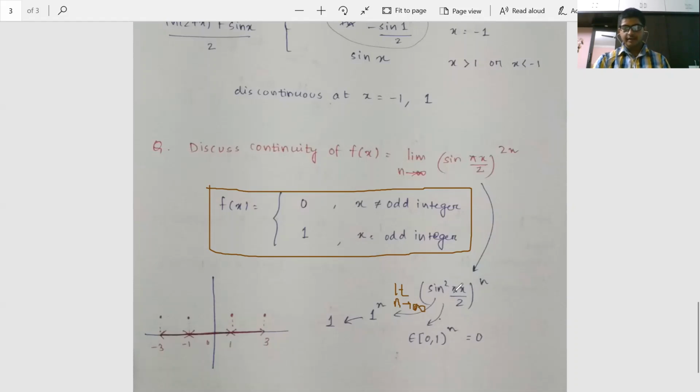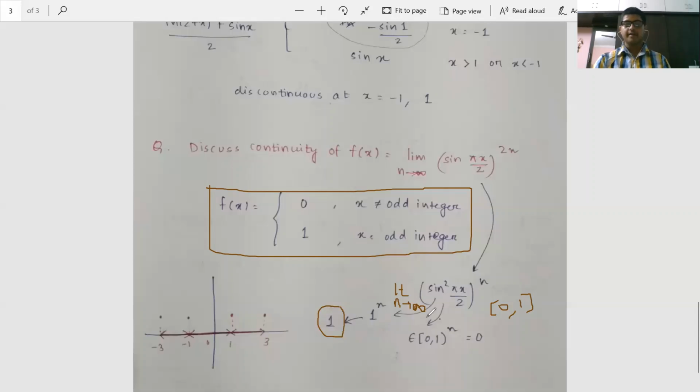Now the important catch is this sine square pi x by 2 is going to range between closed 0 to closed 1. Clear? That should be clear because the range of sine x is minus 1 to 1 and squaring it gives 0 to 1. But if this value is exactly equal to 1, as I mentioned here, then this is going to be 1 to the power n, and limit n tends to infinity, this would make the value 1, means f(x) equal to 1.